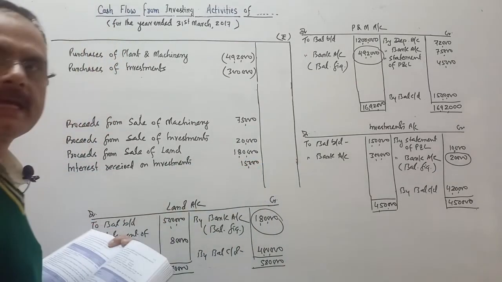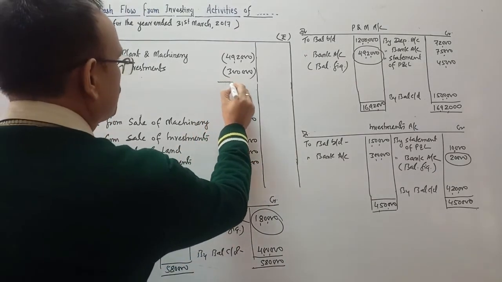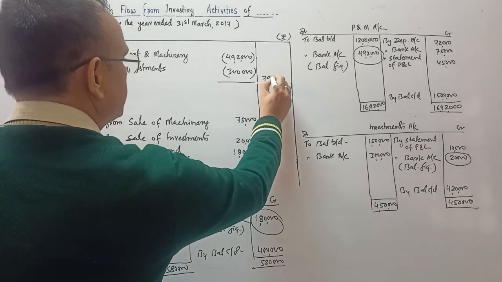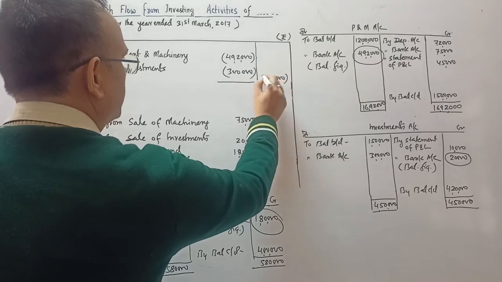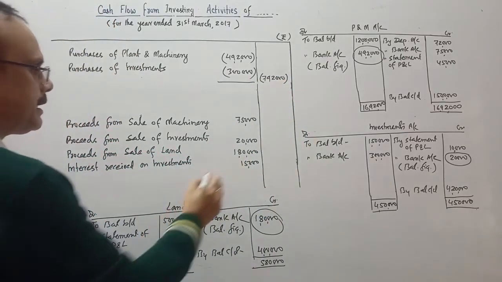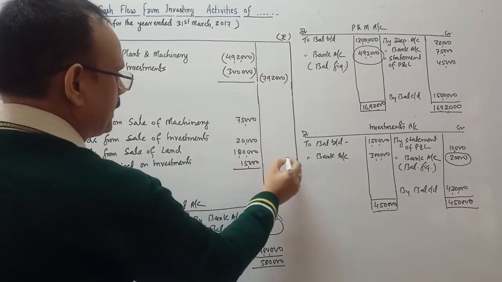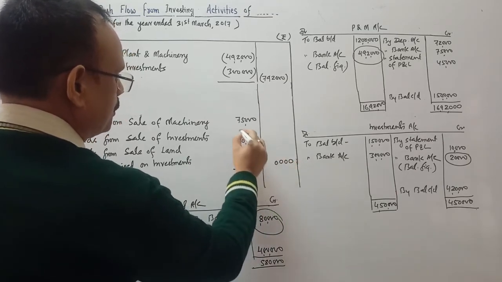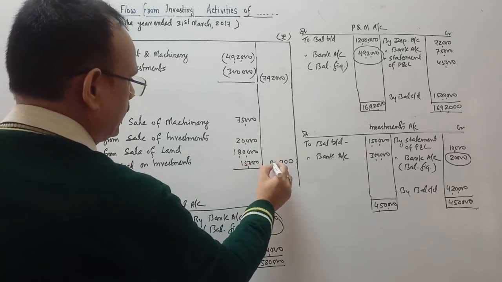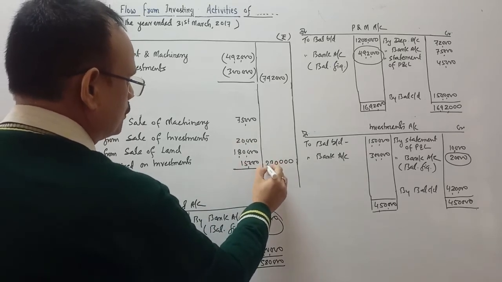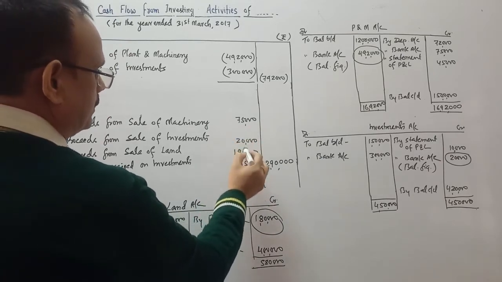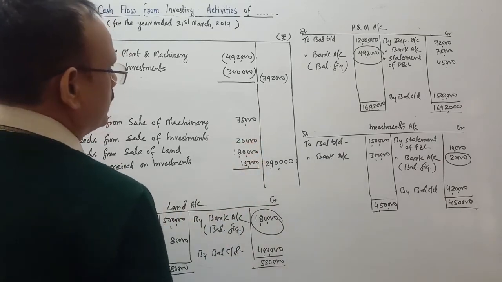So the outflow under the investing activities is 7,92,000 and the inflow under the investing activities is 2,90,000.